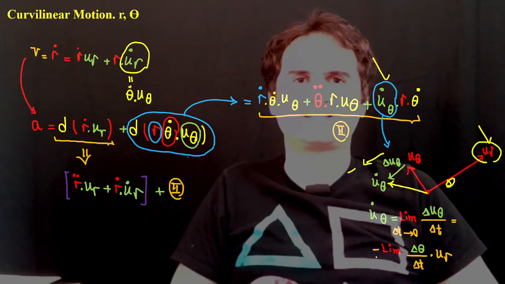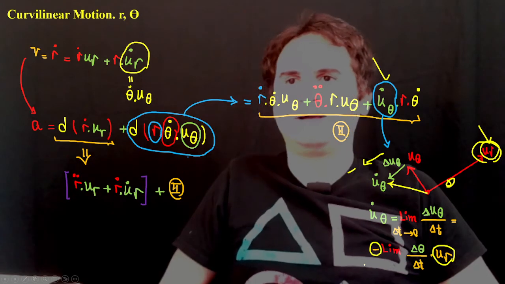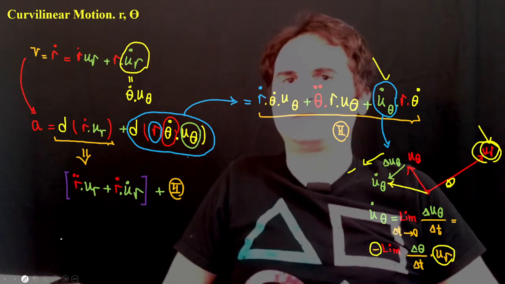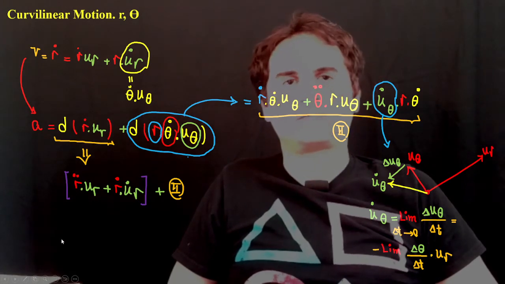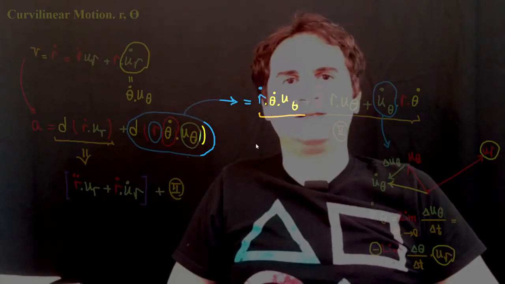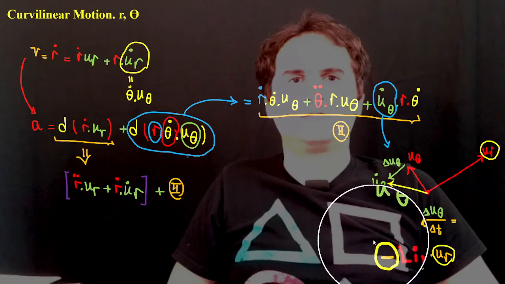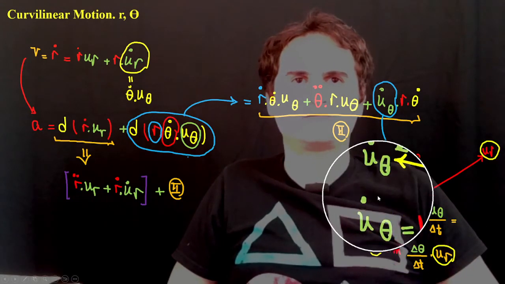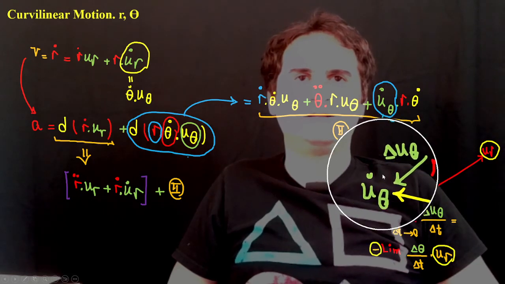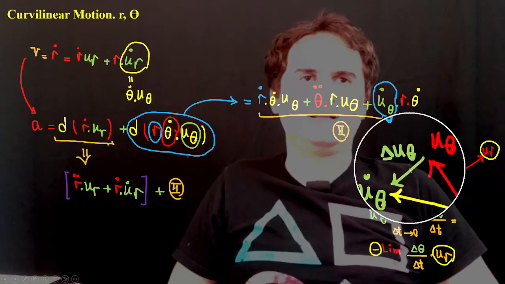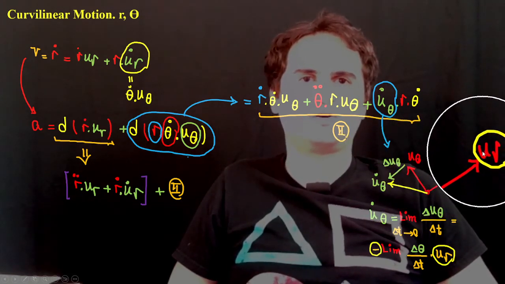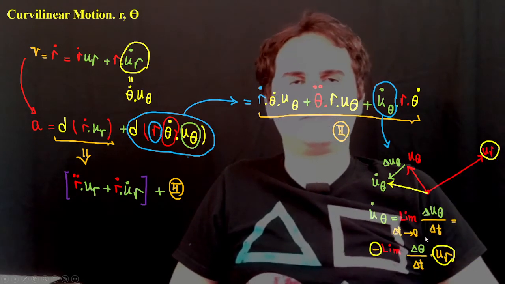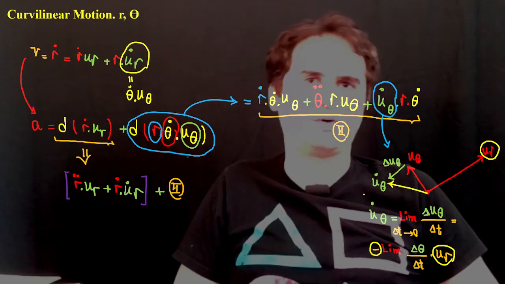So that's how this is negative, and u r makes sense. This is negative because the delta u theta is in the negative direction of u r. So that's a negative r in terms of the direction for that.